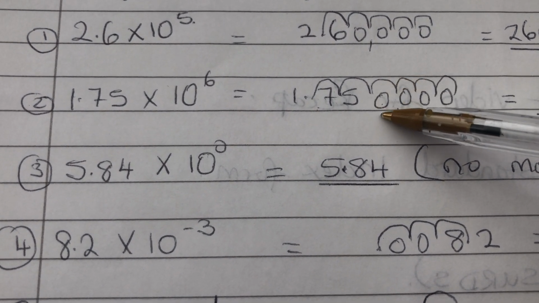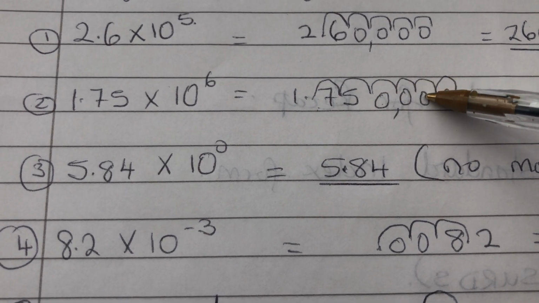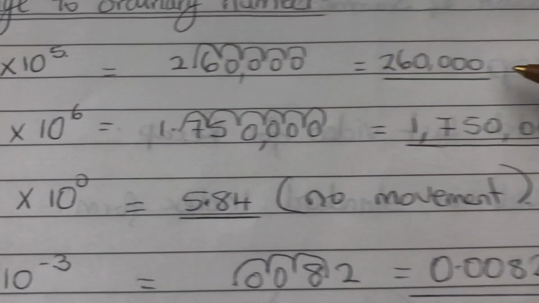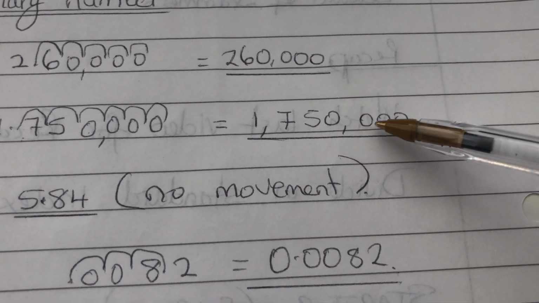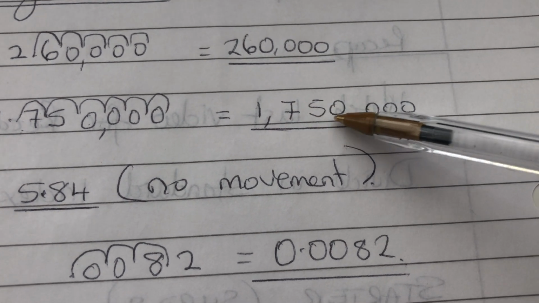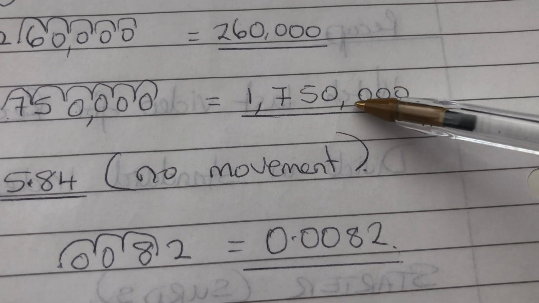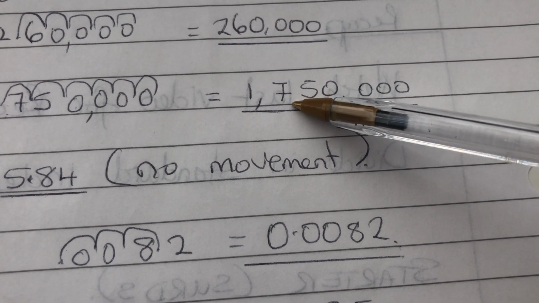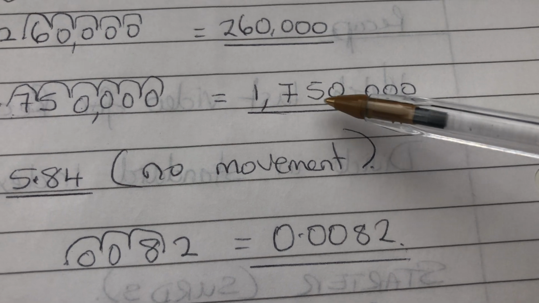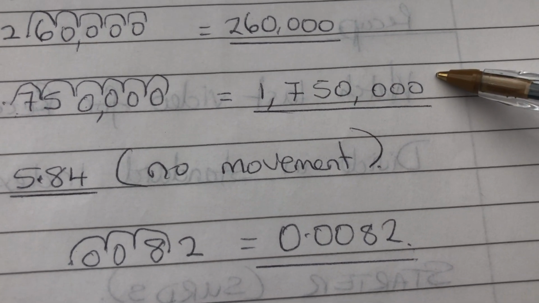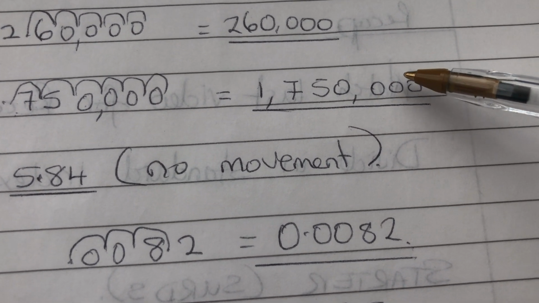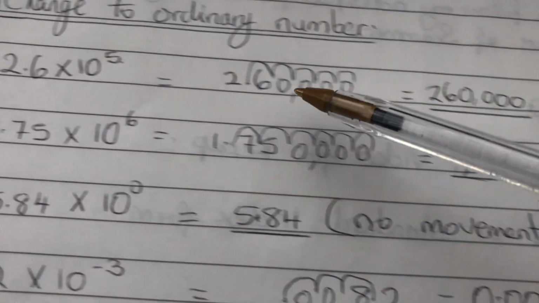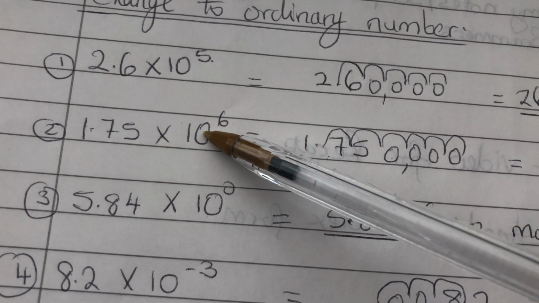Where the empty spaces are, we add zeros. So it's 175 and 4 zeros, which is 1,750,000.